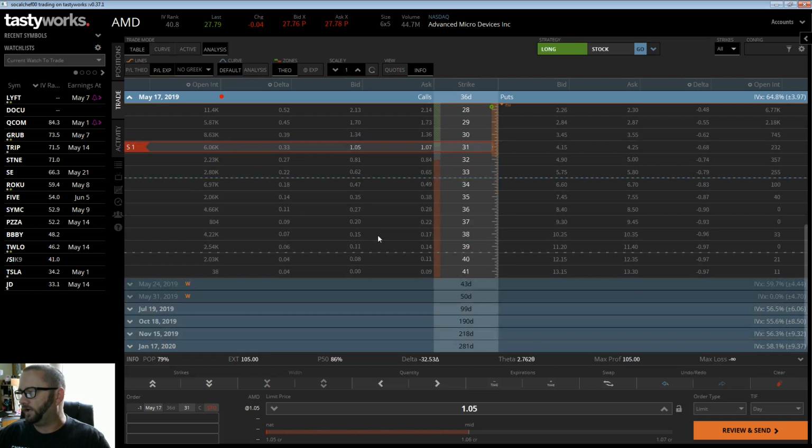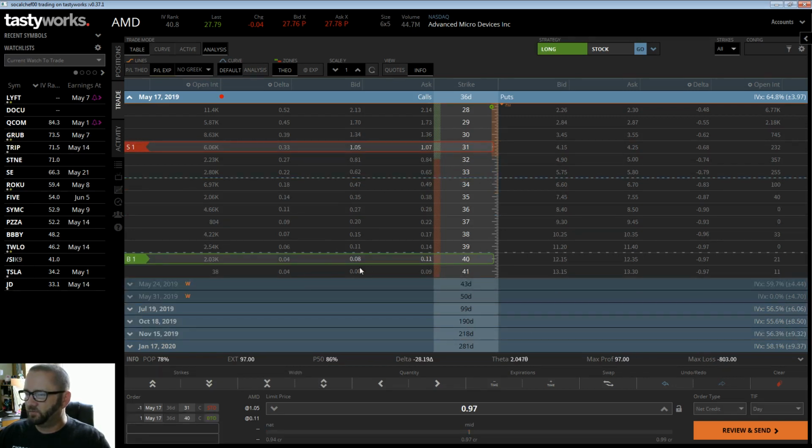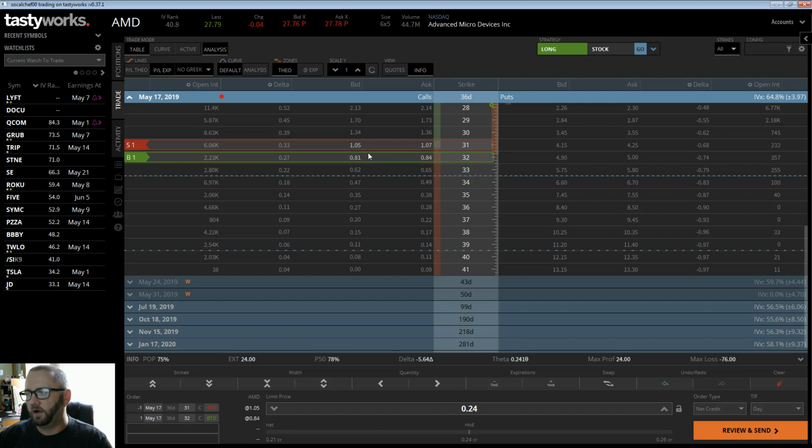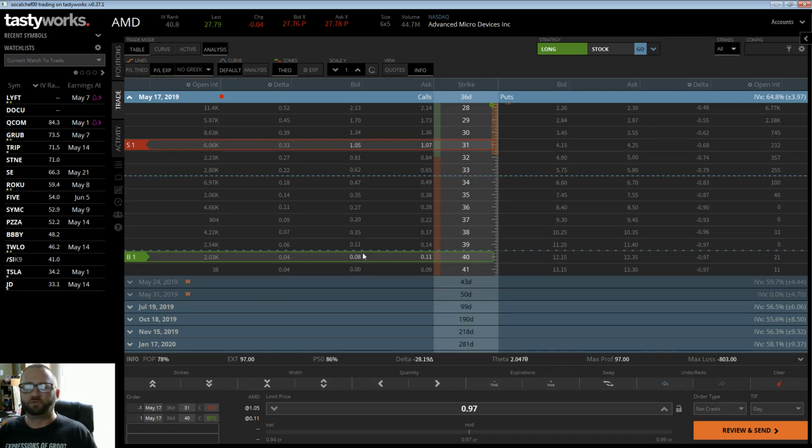If you can afford it and go further out, this will act a lot more like a short call than if you were up here. So the wider the spread, the better. That's why I try to do at least $3.